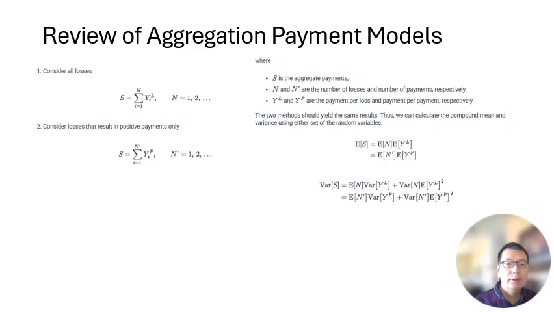You can have ES, expected value of aggregate payment, to be EN, expected value of N times expected value of YL, or you can have it as expected value of M prime and expected value of YP. That will be the same. Similarly, for variance, you can use two ways to calculate that.